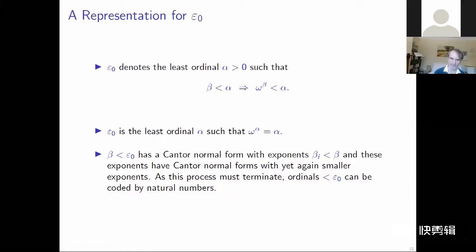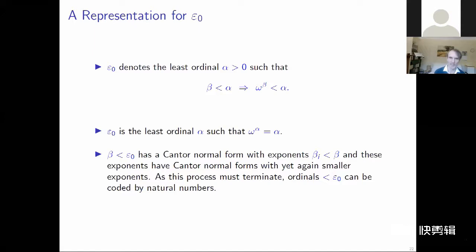So this is the case if beta is less than epsilon 0. And then these beta i's are less than beta, so they're also less than epsilon 0. And they again can be written in Cantor normal form. And their Cantor normal forms will then involve exponents that are less than beta i, and so on.